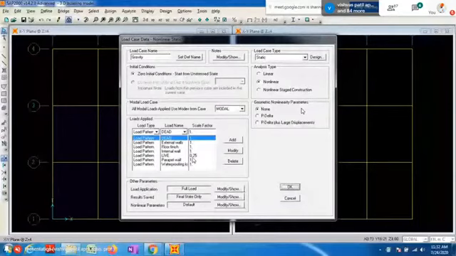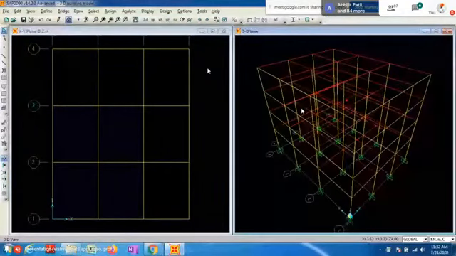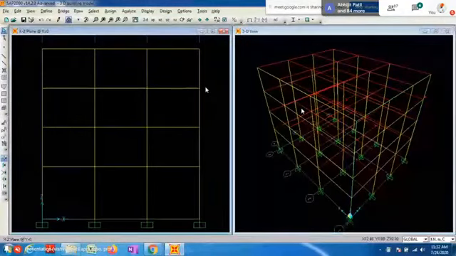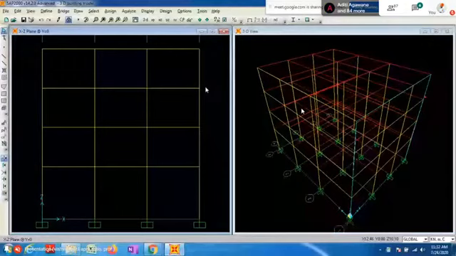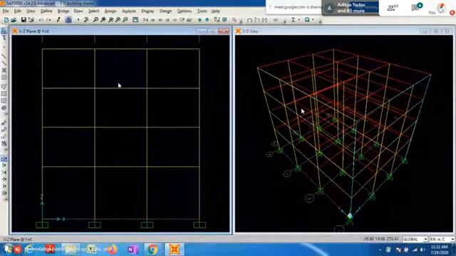Then very quickly, how to define hinges for the beam and column. I will show as a representative how to assign the nonlinearity to the beams and columns. What kind of nonlinearity?